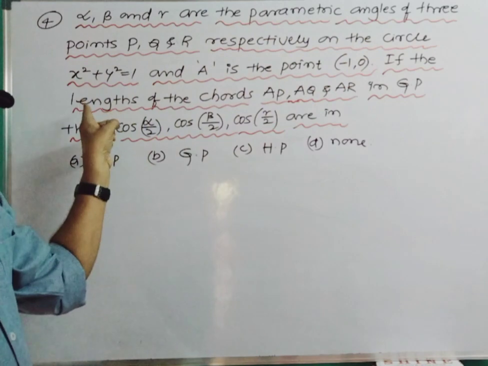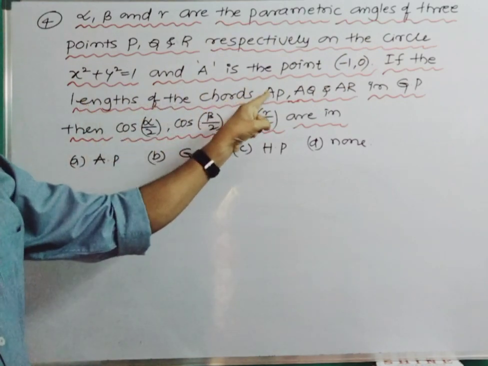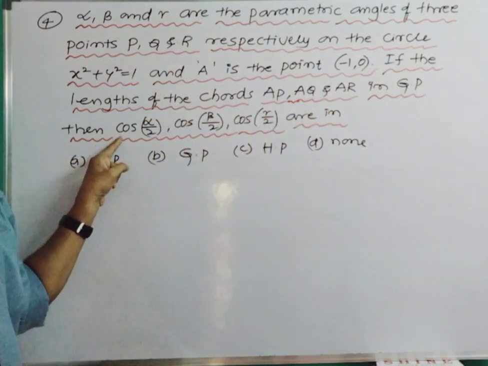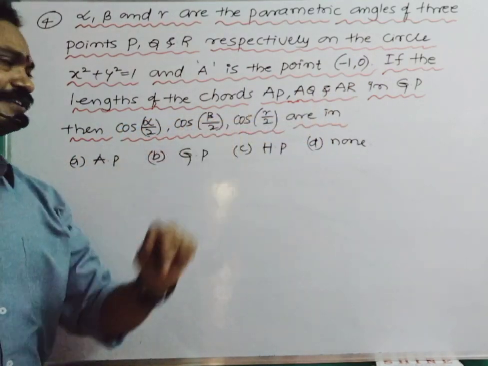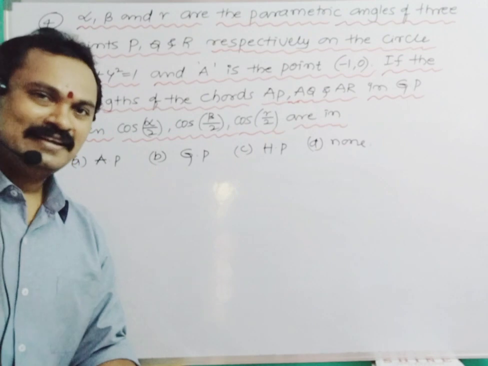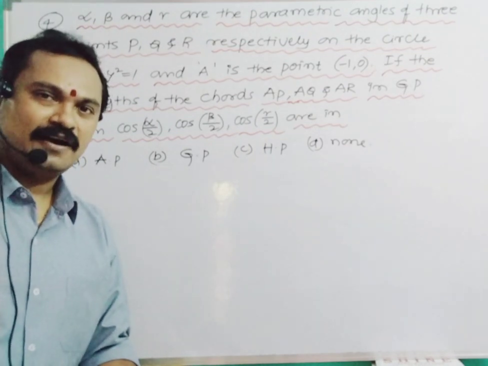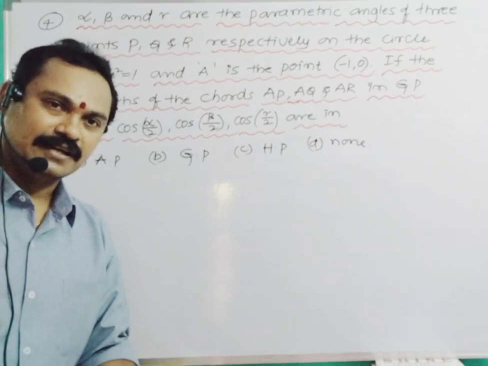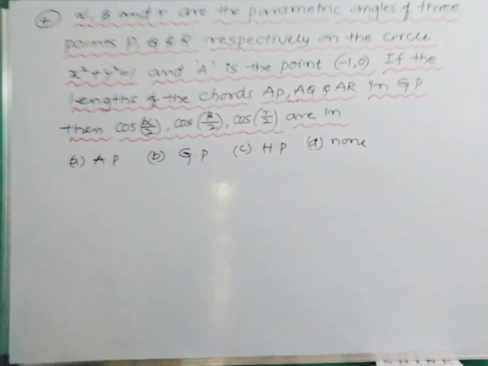If the lengths of the chords AP, AQ, AR are in GP, then cos alpha by 2, cos beta by 2 and cos gamma by 2 are in. This is the previous year question, JEE Main 2016.